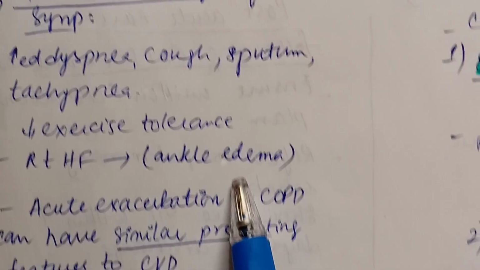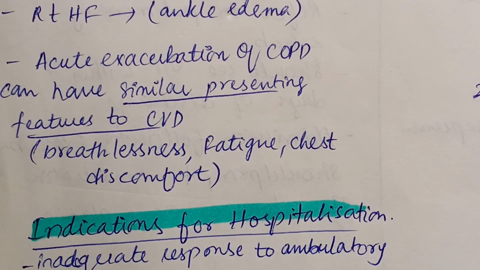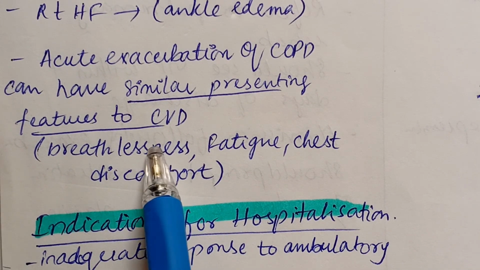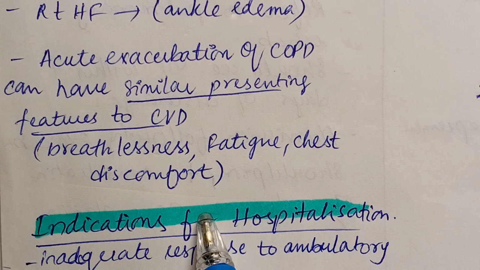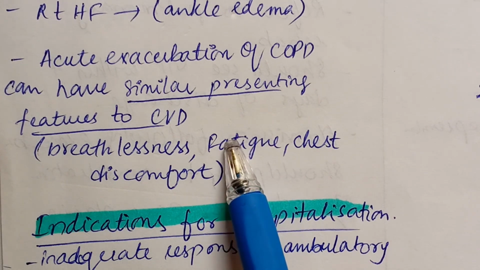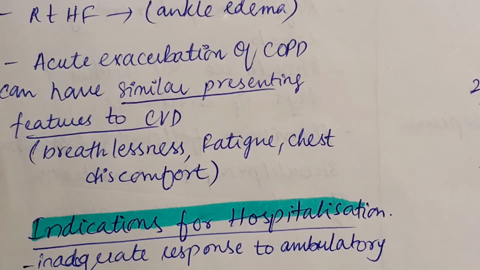Acute exacerbation of COPD can have similar presenting features as cardiovascular disease, because cardiovascular disease also has symptoms of breathlessness, fatigue, and chest discomfort. So we have to be able to differentiate between these two by properly investigating, making the differential diagnosis, and pointing out the differential features between these two.